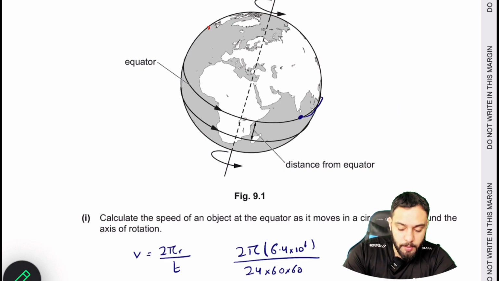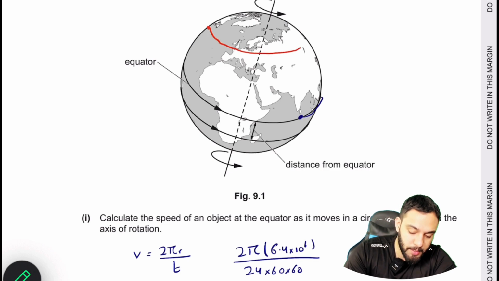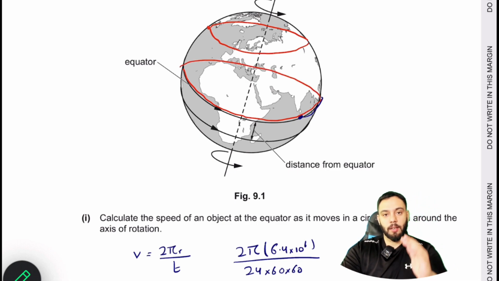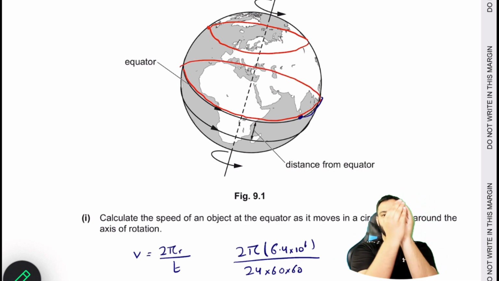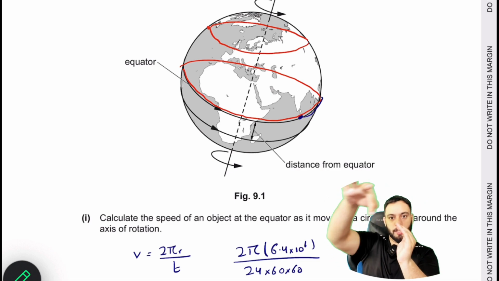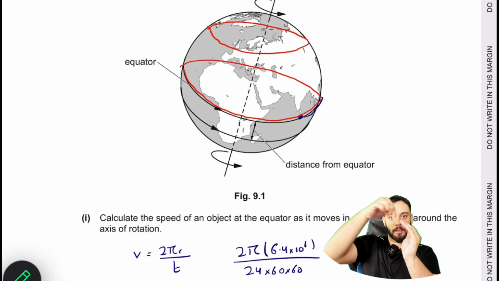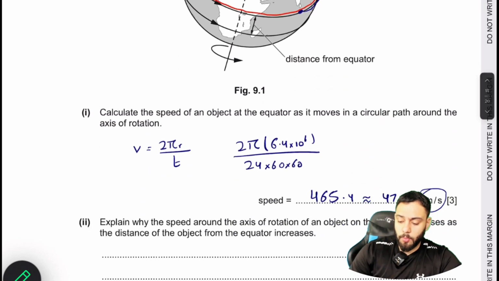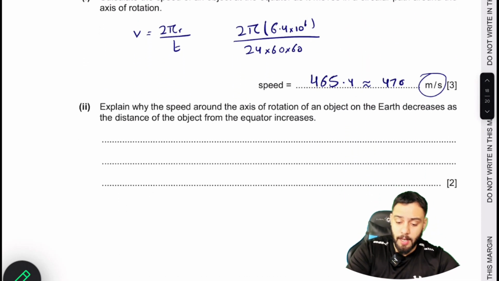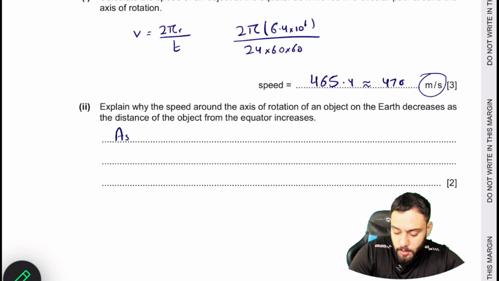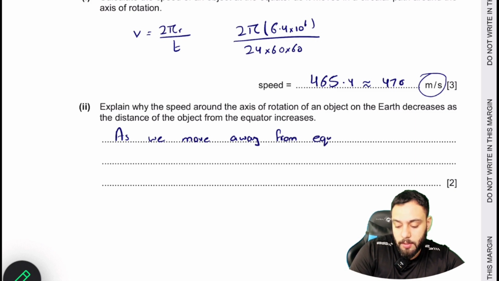If something is over here, that means the circumference that it's going to be covering is much less compared to that when it's on the equator. If you look at a circle, the point over here has to cover a bigger distance compared to the one that's near the poles. So the answer should be along these lines: as we move away from the equator, the circumference reduces.